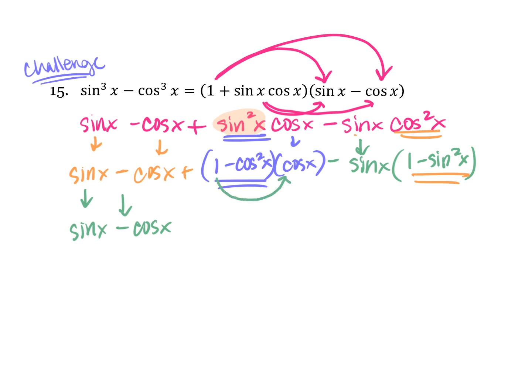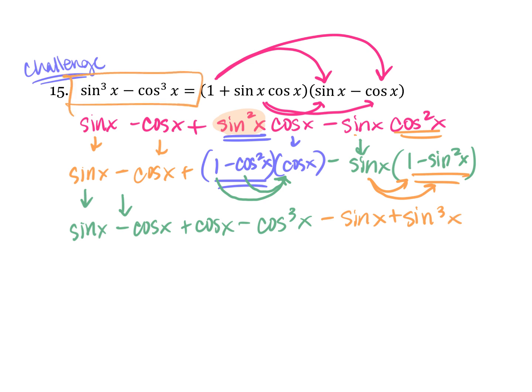We'd get cosine minus cosine cubed, which I'm feeling pretty good about, and then minus sine plus sine cubed. Does anything cancel? Sine minus sine, negative cosine and a positive cosine. I'm left with sine cubed minus cosine cubed. Let's get it! That's nutty.